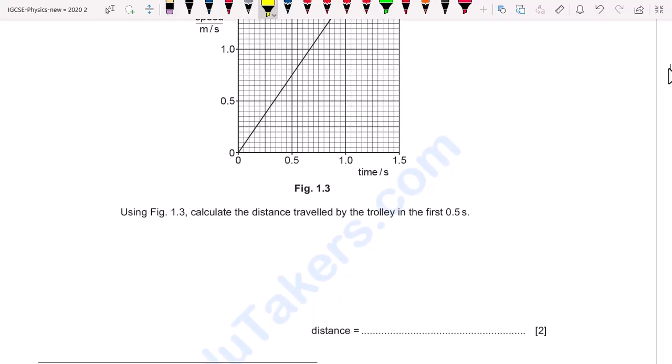Using figure 1.3, calculate the distance traveled by the trolley in the first 0.5 seconds. Here time is 0.5 seconds and we have to find the corresponding speed on the y-axis to calculate the distance, and we know that the distance will be equal to the area under the speed time graph.